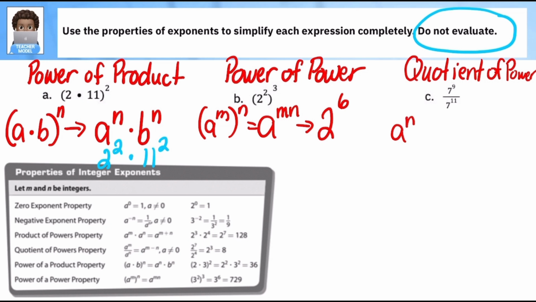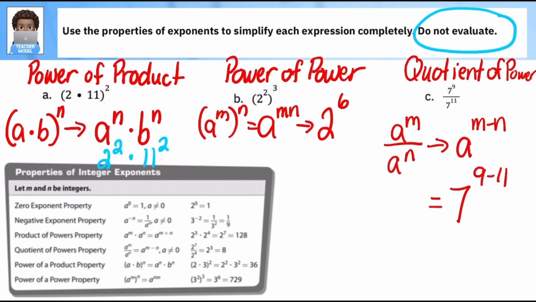I have a to the m over a to the n. And again, the a stays. I would subtract those two. And notice I'm subtracting the top and then the bottom. So in this case, I have 7. And I would do 9 minus 11, which would be -2.